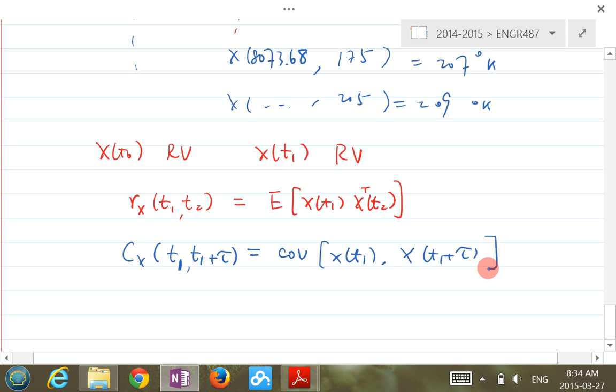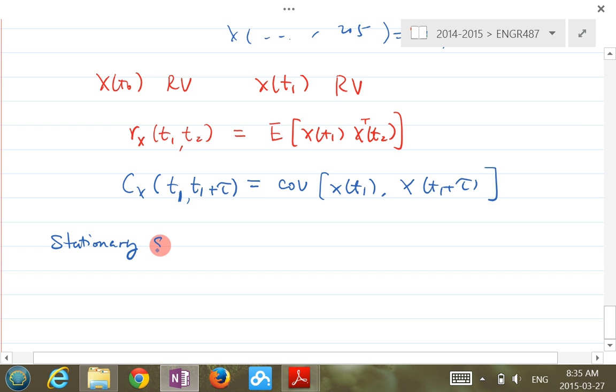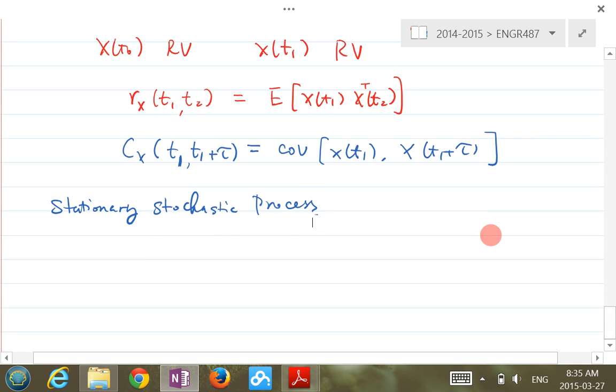So that's a stochastic process, the whole umbrella. And there's one special one here called the stationary stochastic process. What is a stationary stochastic process?